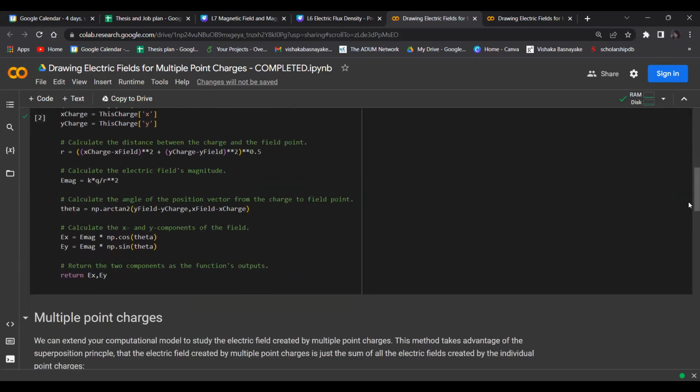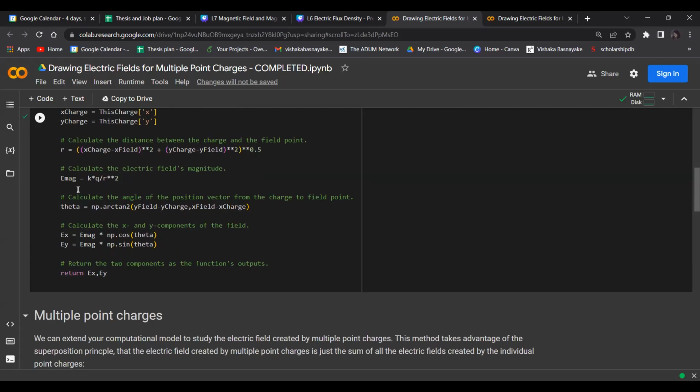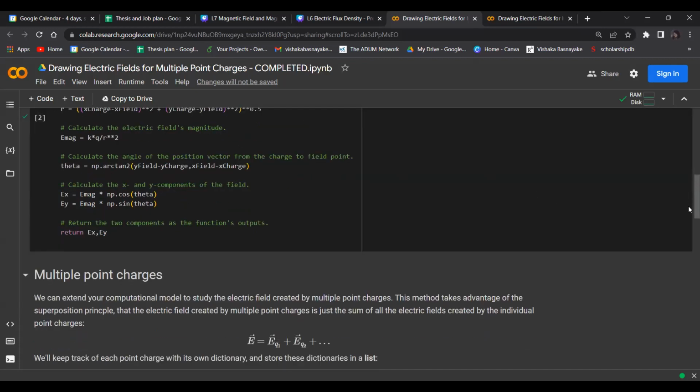That parameter is required for us to find the electric field strength on a certain charge due to another charge. Likewise, we can define the magnitude of the electric field using this equation.